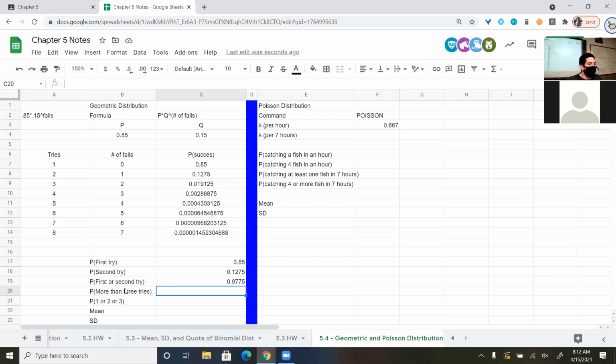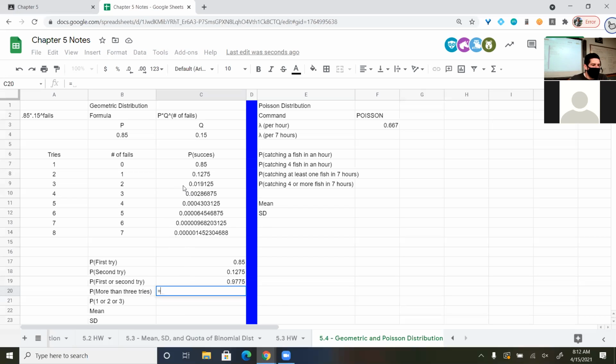If I wanted to give it more than 3 tries, again, more than we can't calculate because I would have to keep doing this an infinite number of times to get all those decimals. I can't do that. I don't want to do that. But what I can do is calculate everything that I don't want and subtract it from 100%. So if I want more than 3, that means I don't want 3, 2, or 1.